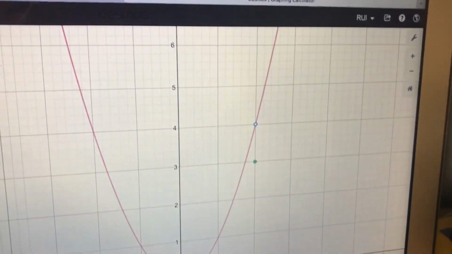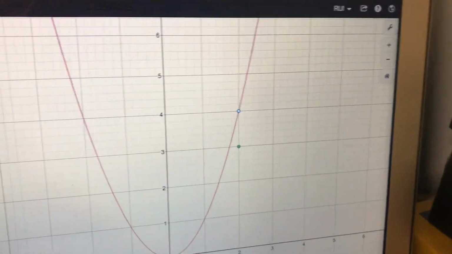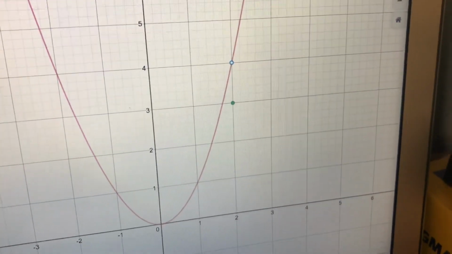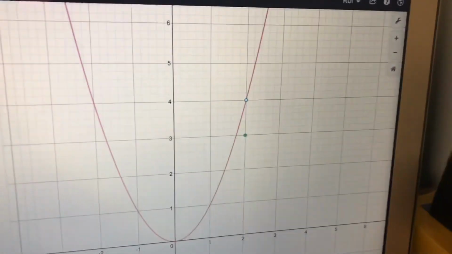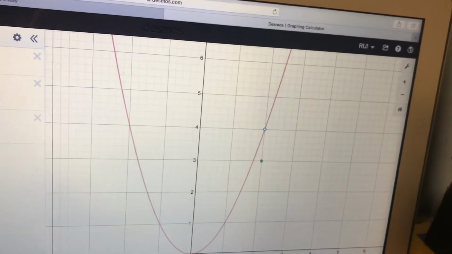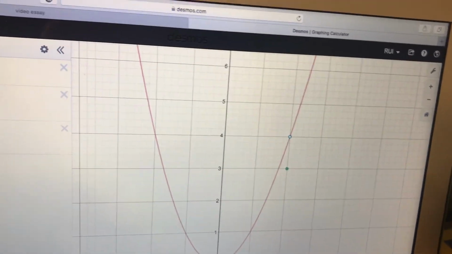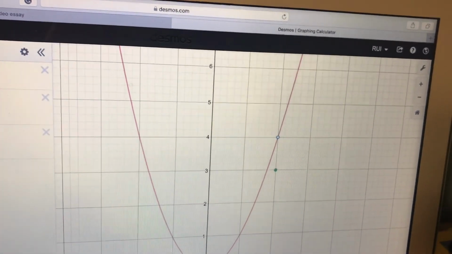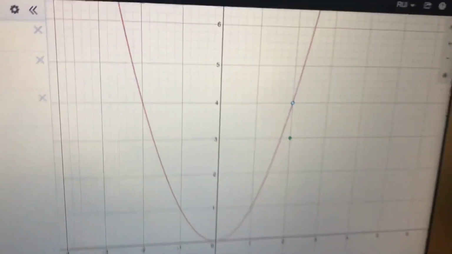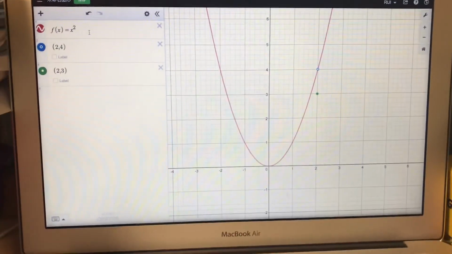So we cannot make sure which tangent belongs to this function. So this is the last reason why this graph has no tangent line. So this is my video essay, and so you can see me. And thank you for listening.